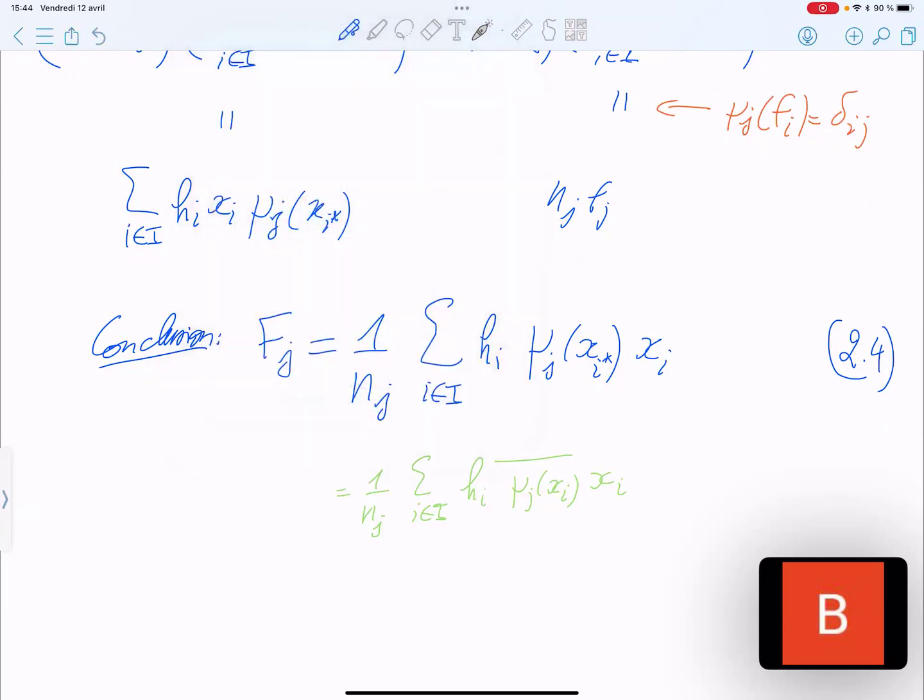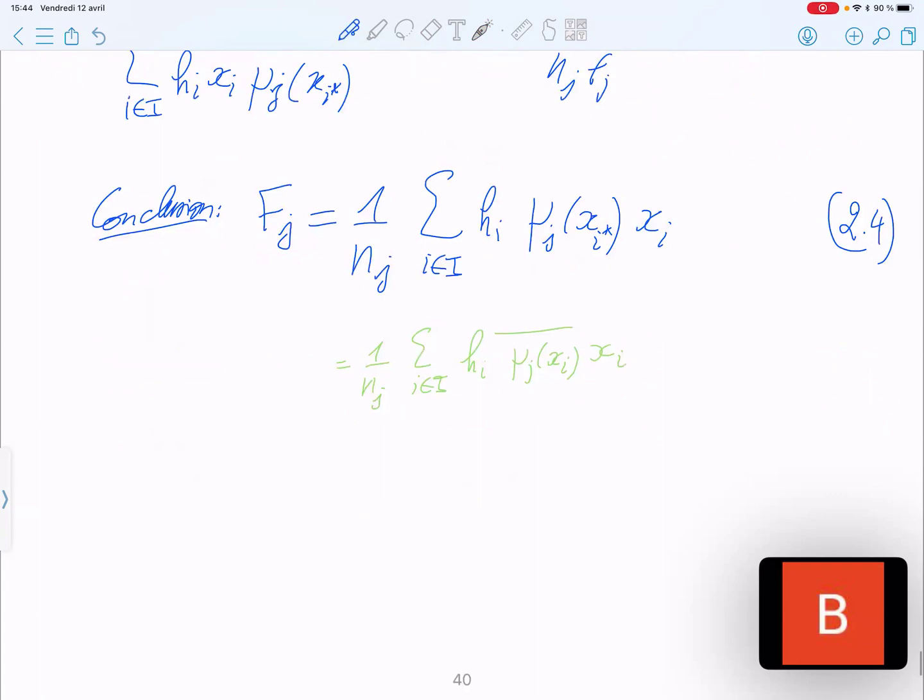We mentioned in the introduction that you can replace it by the complex conjugate.